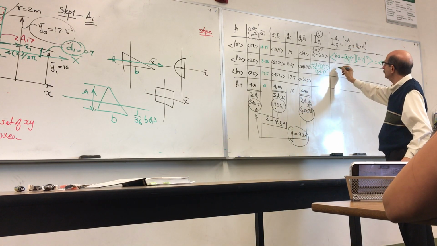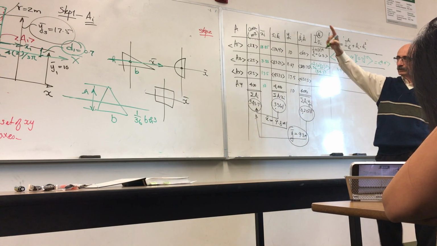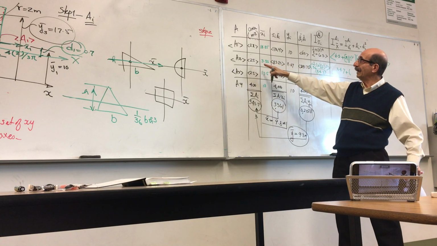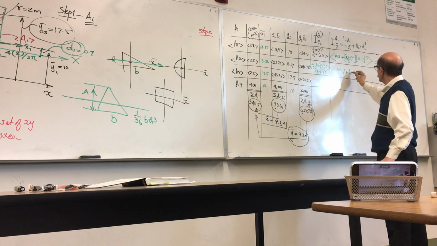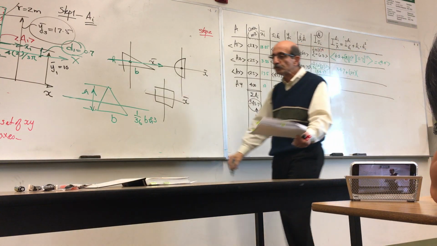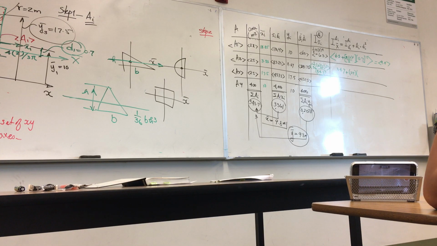So this would be 34.7 plus the area of that triangle, which you already have, 25, times the distance squared from here to here. This is 9.3, right? This was 11.67.